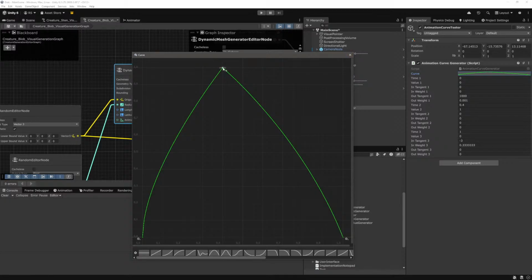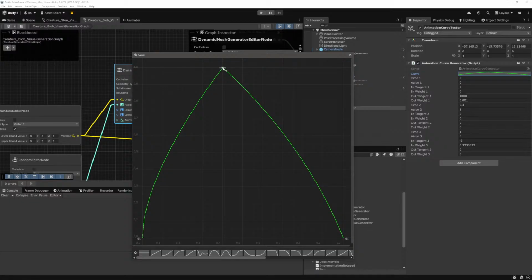But I don't really know how I want to define these, how to randomize these keyframes. You know, okay, a keyframe is literally just 6 floats. Time and value are so straightforward. Tangent is starting to make sense, I guess.